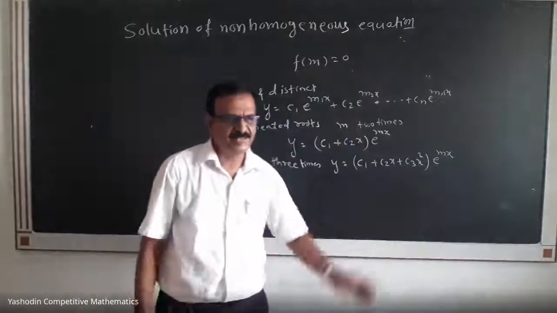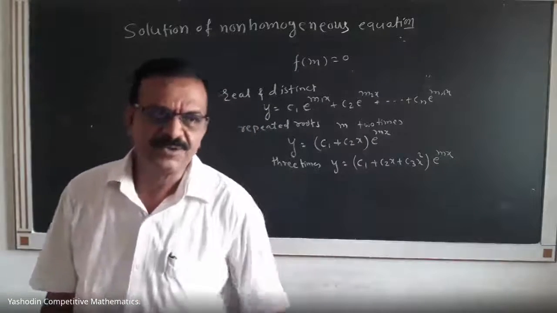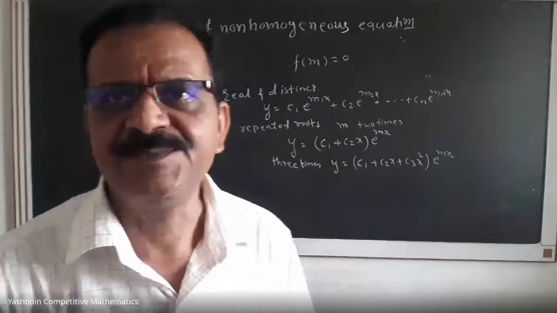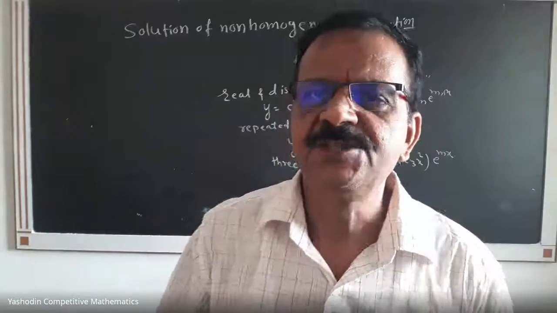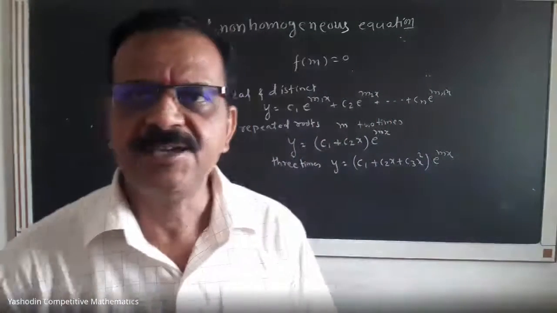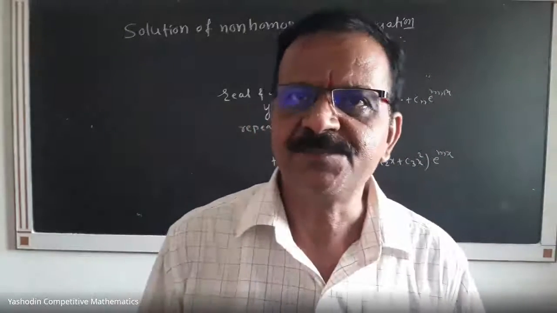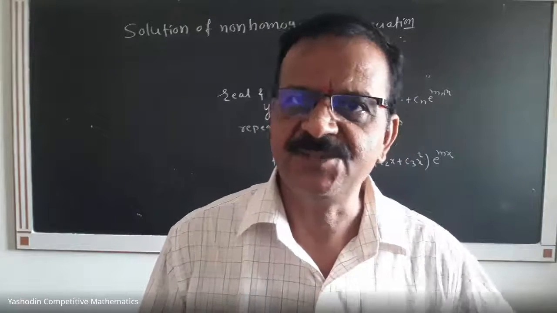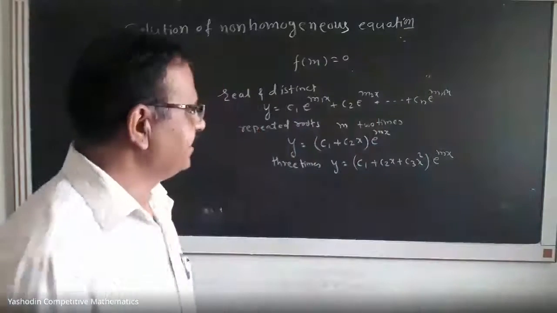And in similar fashion, if the root m is repeated n times, then the solution is y equal to c1 plus c2x plus c3x square plus and so on, cn x raised to n minus 1, e raised to mx.